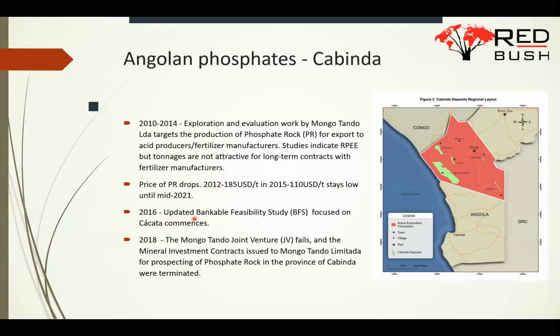Then they start looking at it another time, but again there are problems within the management and there's a joint venture. That joint venture fails and the exploration permits are terminated. So largely the same problems as COFAN: management issues, can't agree on a market, and the tonnages aren't good enough.